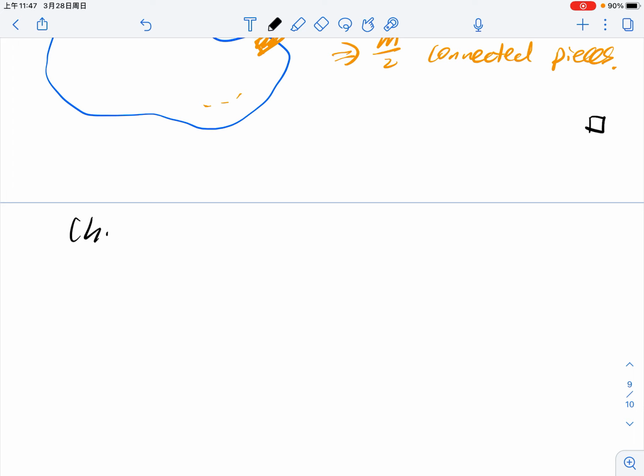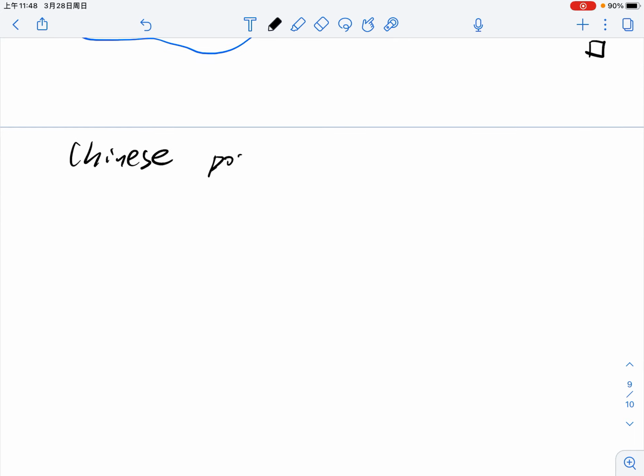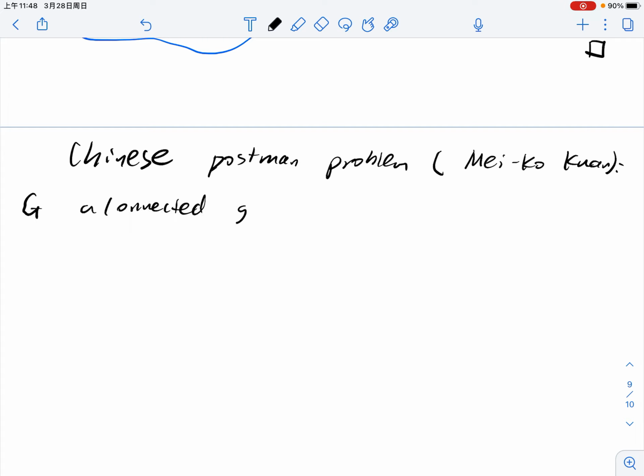Okay, a little bit more involved one is the so-called Chinese postman problem. The name comes from the fact that a Chinese mathematician first raised this kind of problem. So let G be a connected general graph.